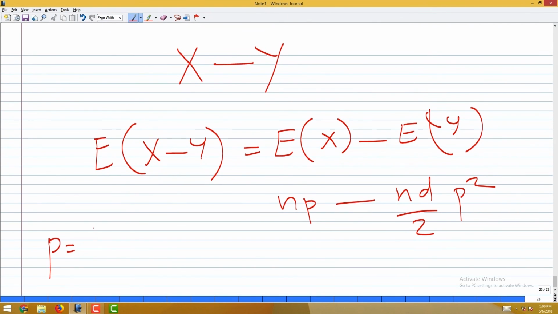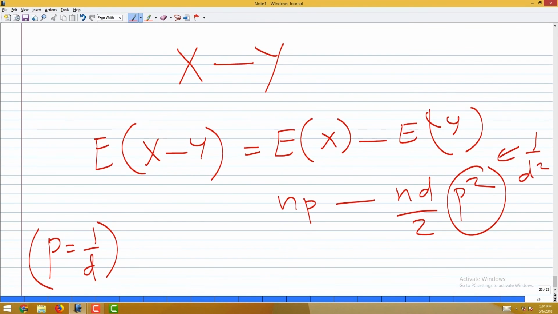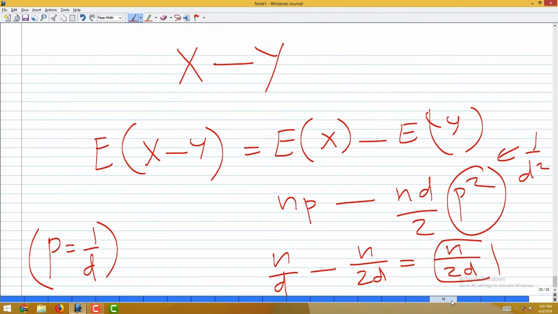So we know this is np minus n d by 2 into p square. Now if I put p equal to 1 by d here, that is up to me, because I could have decided that, this p square will become 1 by d square, one d will be cancelled from above, and this will be n by d minus n by 2 d. So n by 2 d.